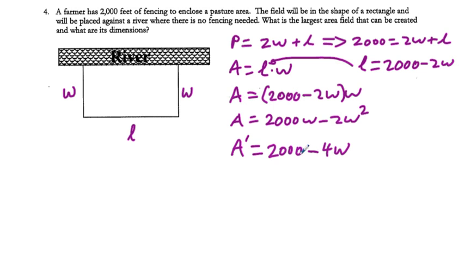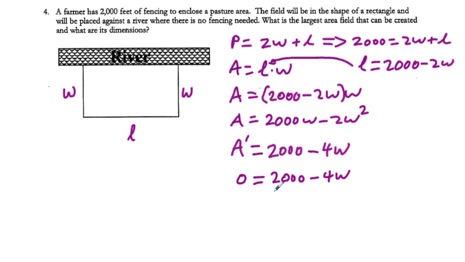And to maximize, we're going to find the horizontal tangent of this equation here, area equals length times width. And to do that, we're going to set the derivative equal to 0. So 0 equals 2,000 minus 4W.